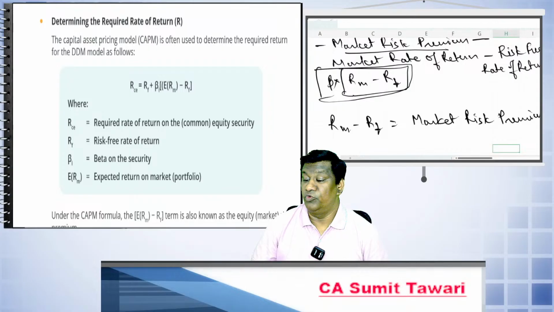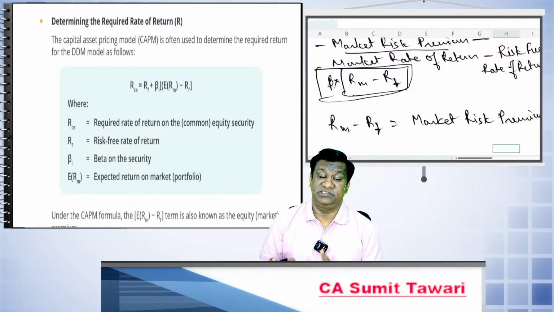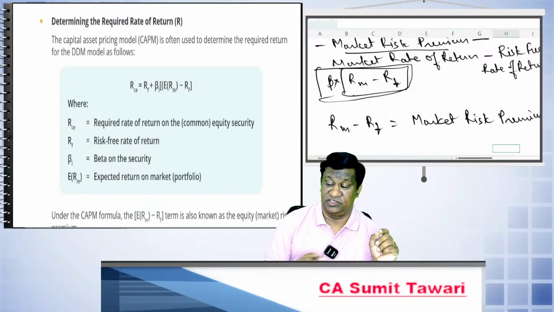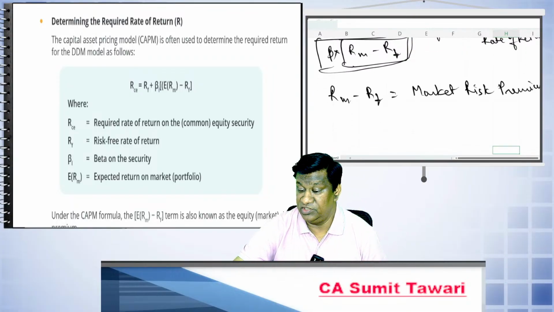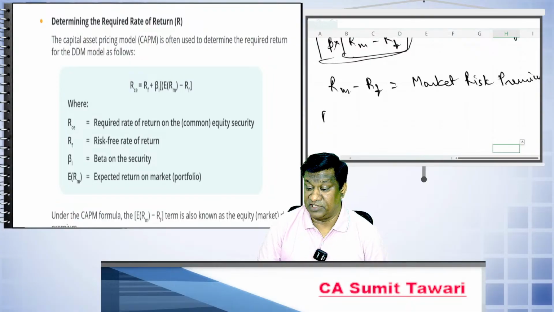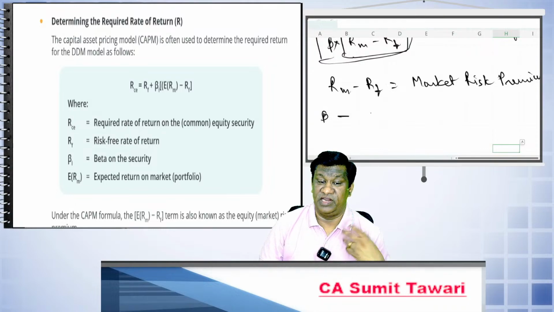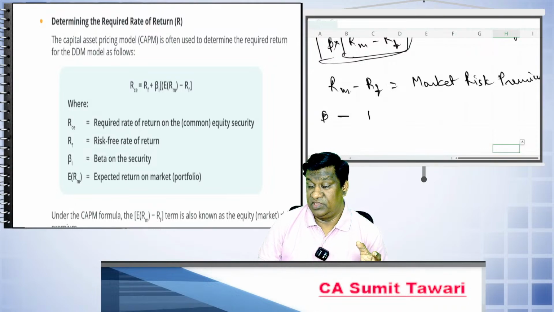Okay, I know the market risk premium. On that basis, how can I calculate my individual portfolio or individual investor risk premium? We need to multiply with the beta factor. What is the beta factor? Whatever portfolio I have, or wherever I invested the money, I'll go with the market first.